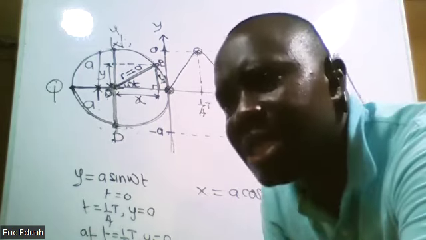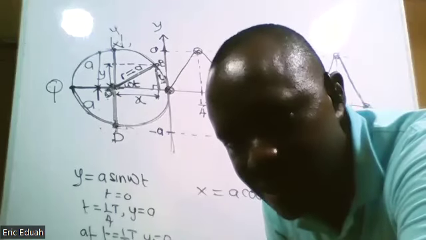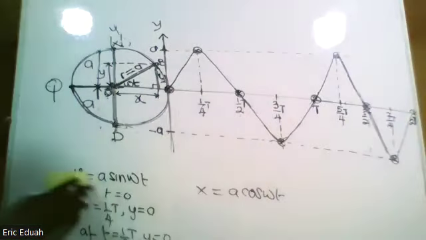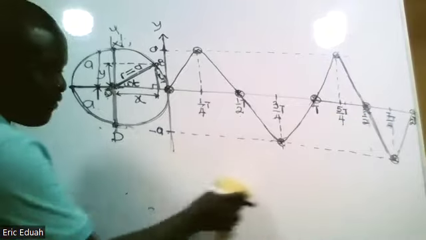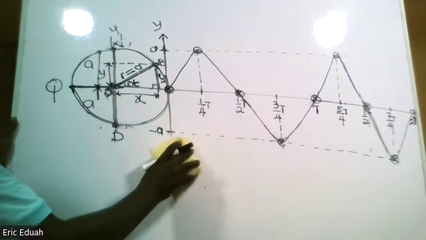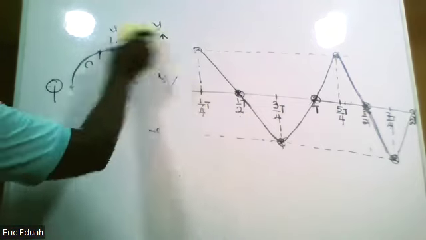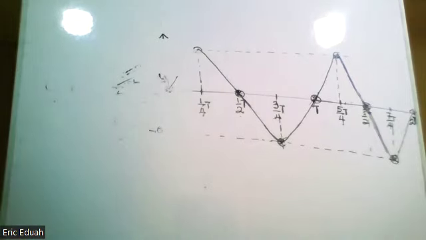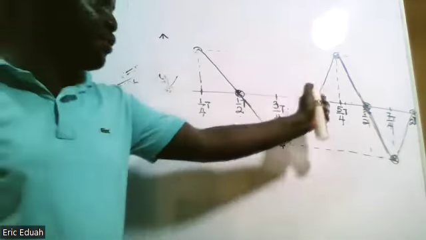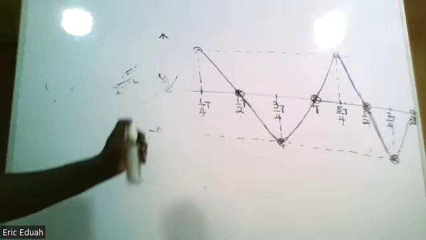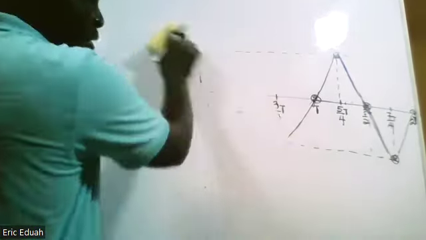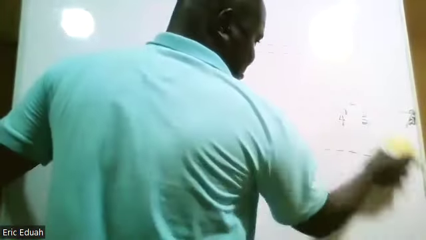So the moment a body's displacement changes, there must be velocity. So the next point to look at is the velocity equation or function of a body executing simple harmonic motion. And it matters because the body's displacement is changing with time.